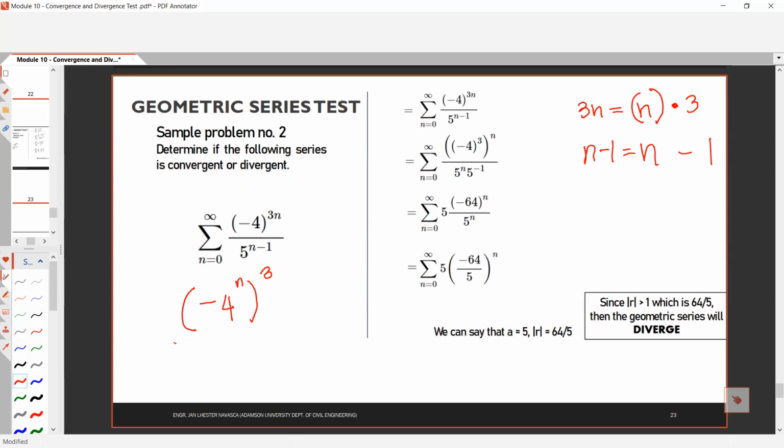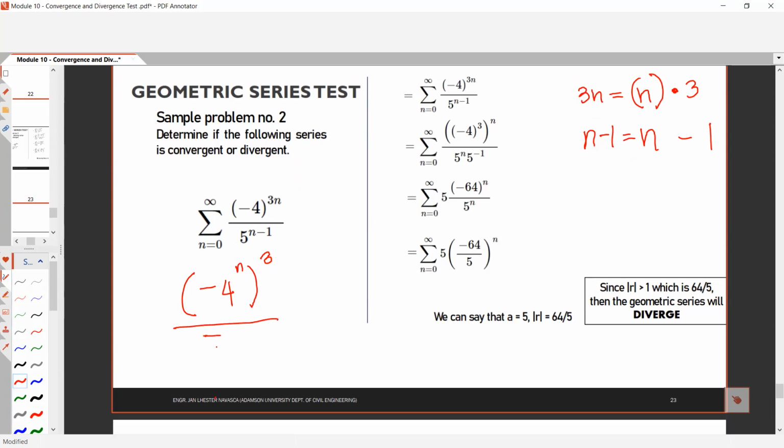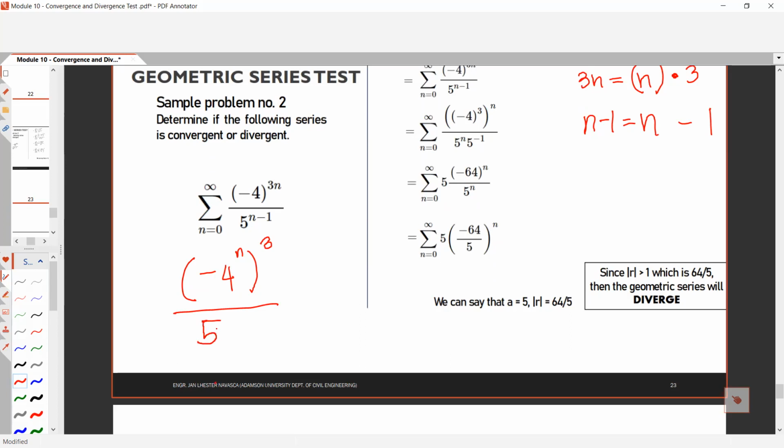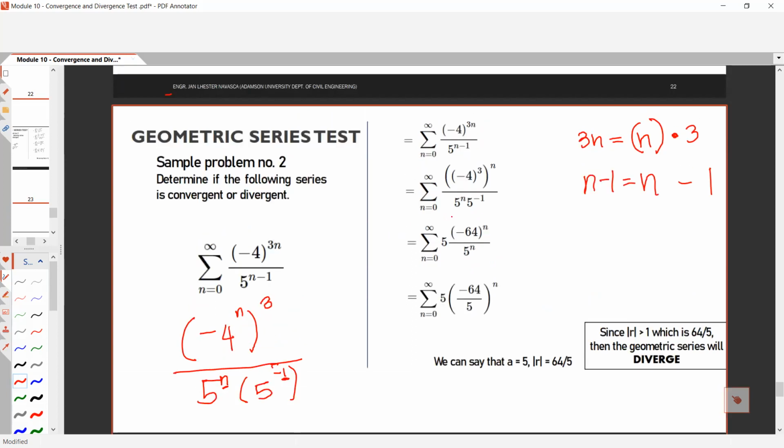Then for 5 raised to n minus 1, I can make that 5 raised to n multiplied by 5 raised to negative 1.